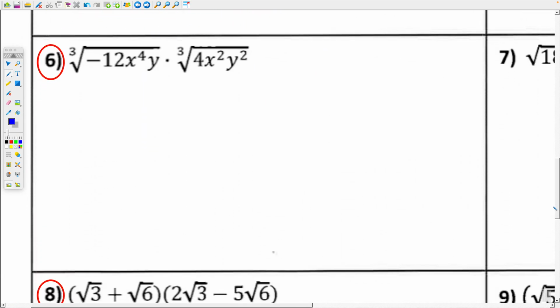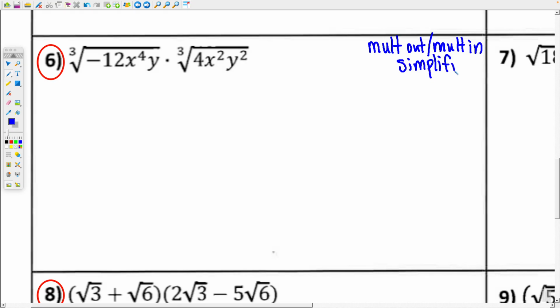This is when you multiply. When you multiply, do not immediately start by simplifying. That's not what we do. When we multiply with radicals, you can make yourself a note. All you have to do is multiply what's outside, and then multiply inside, and then simplify.